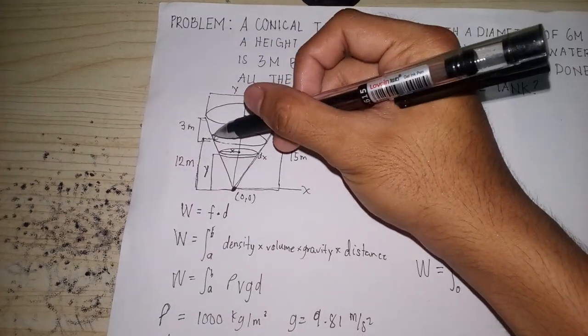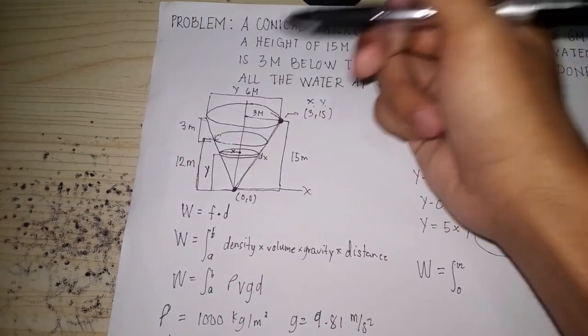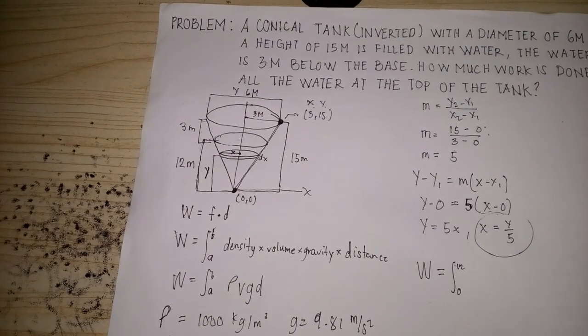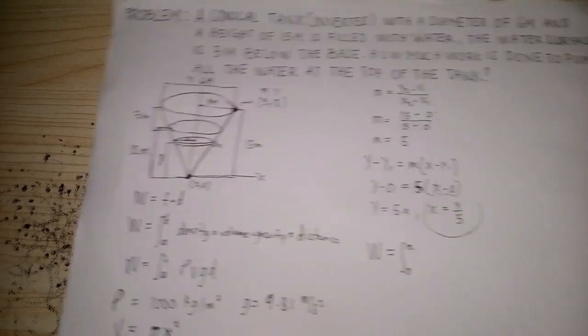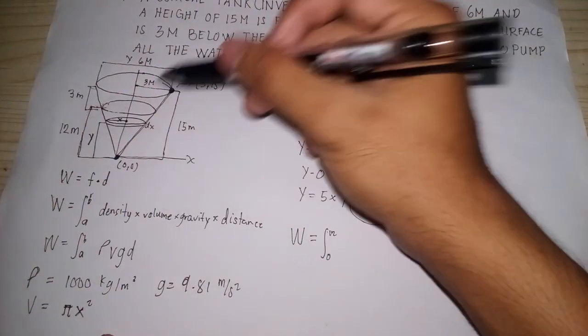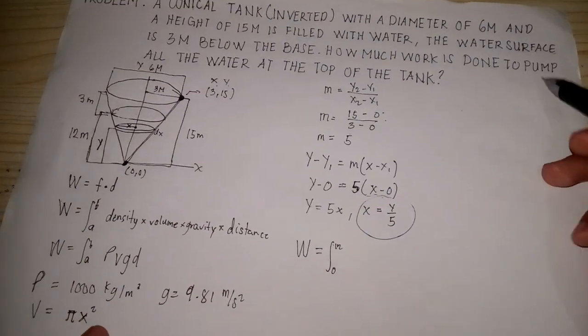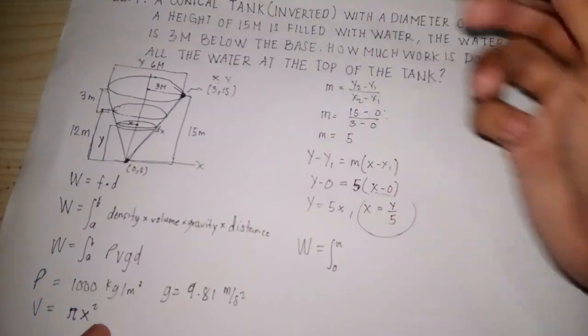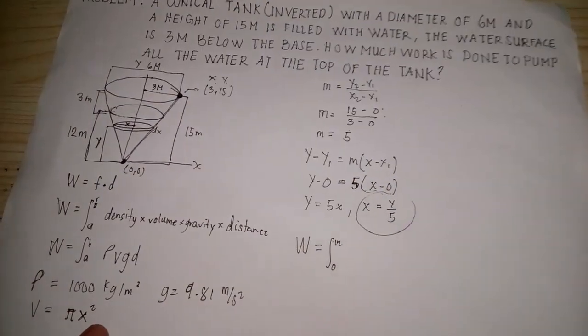Since we need the height of the water, 12 is the height of our water. We don't need the height of the conical tank in our limit.